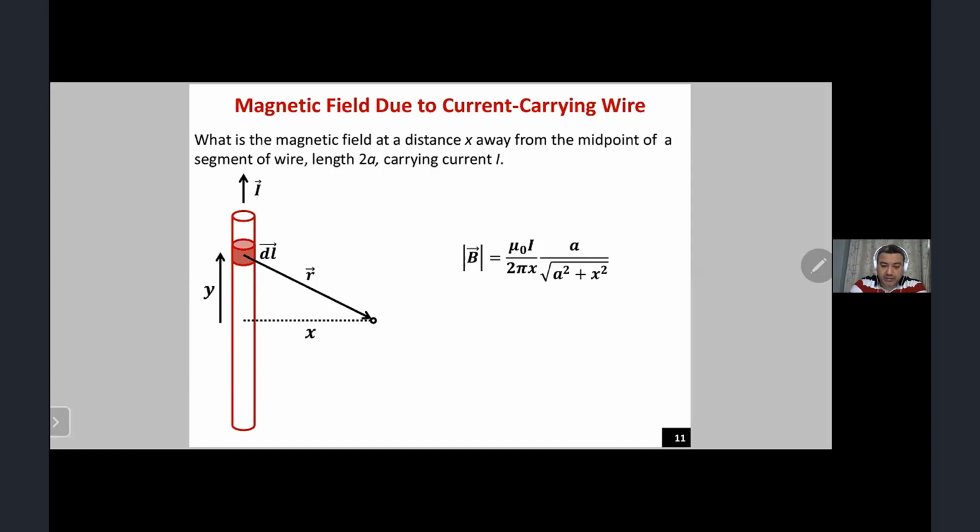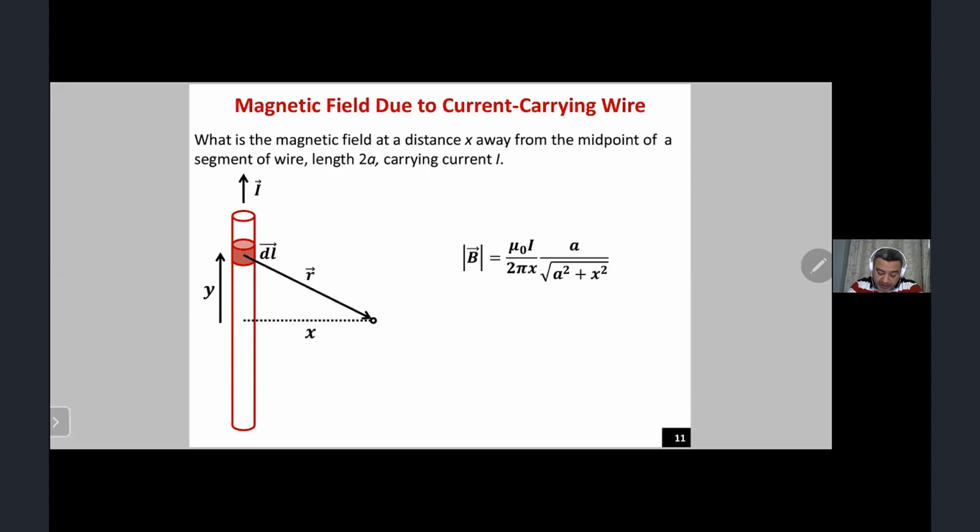We will start now by going back to the magnetic field equation that we derived for the finite length of a wire.